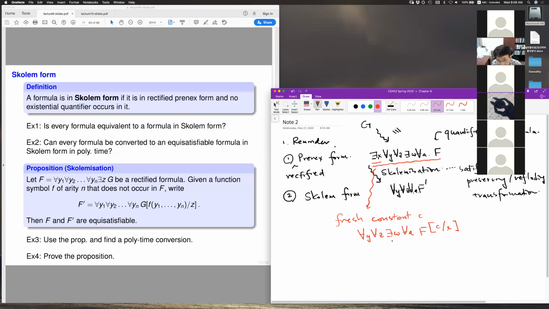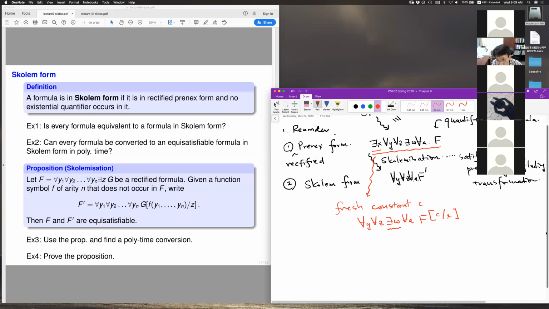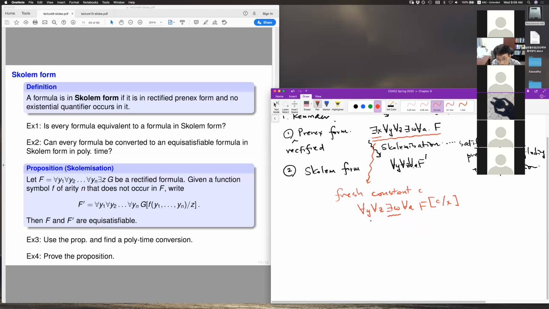Now, to make it into Skolem form, we have to get rid of another existential quantification, this time this one. To do so, we know that there are 2 free variables that appear here, which are y and z.